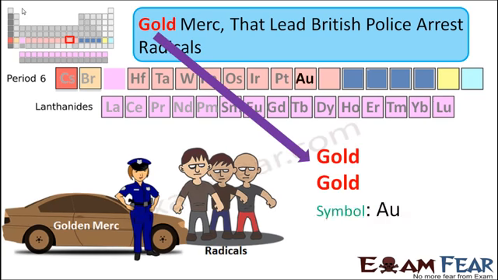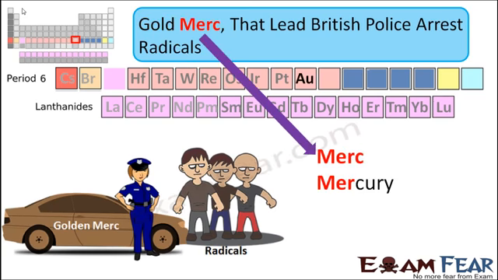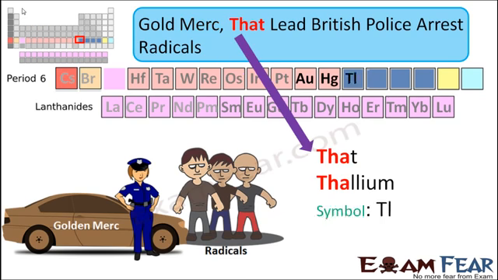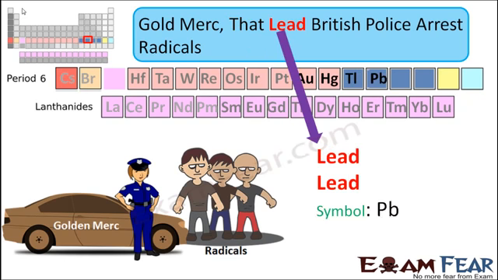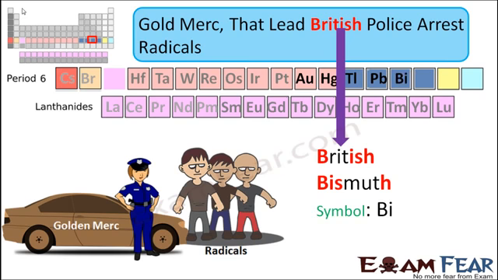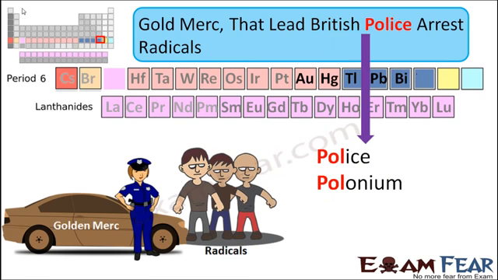So gold is of course gold. Merc reminds of mercury with symbol Hg. Mark reminds of thallium with symbol TL. Lead is again lead. British reminds of bismuth with symbol Bi. Police reminds of polonium with symbol PO.